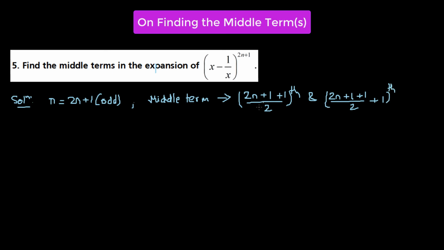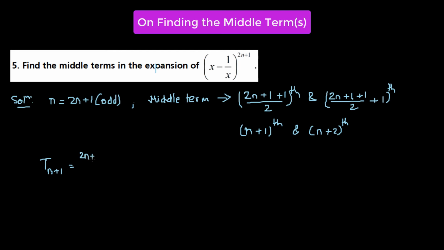So we'll solve for this. 2n plus 2 over 2 leaves us with the n plus 1th term and the n plus 2th term. So these are the two terms in the middle of the expansion of the given binomial expression.